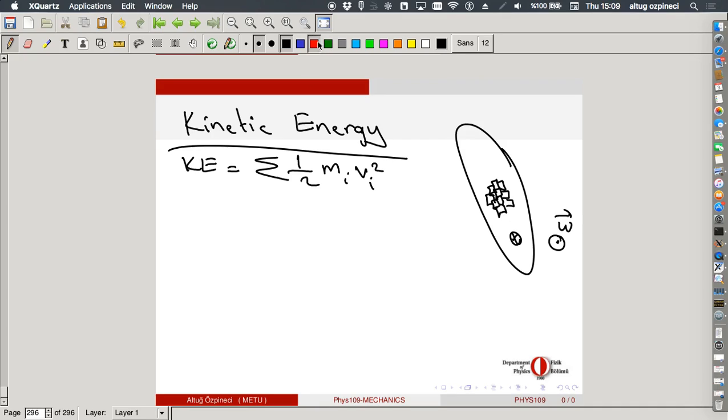Now, if I consider this one, right at that point, this is its position vector, and this will be its velocity vector.